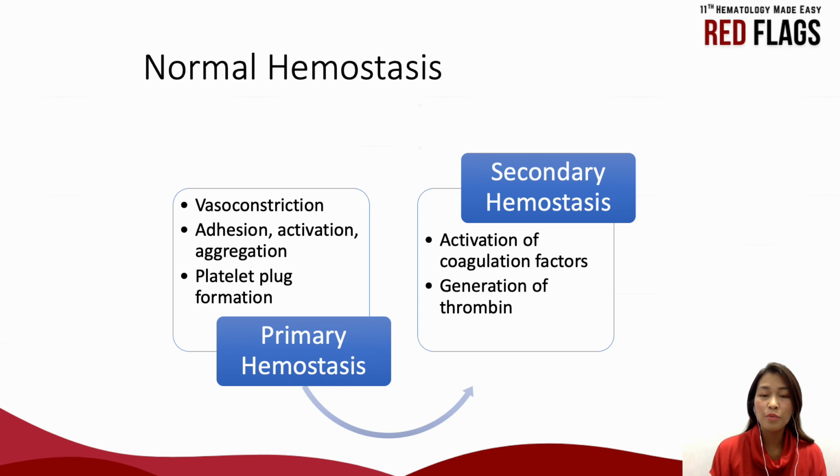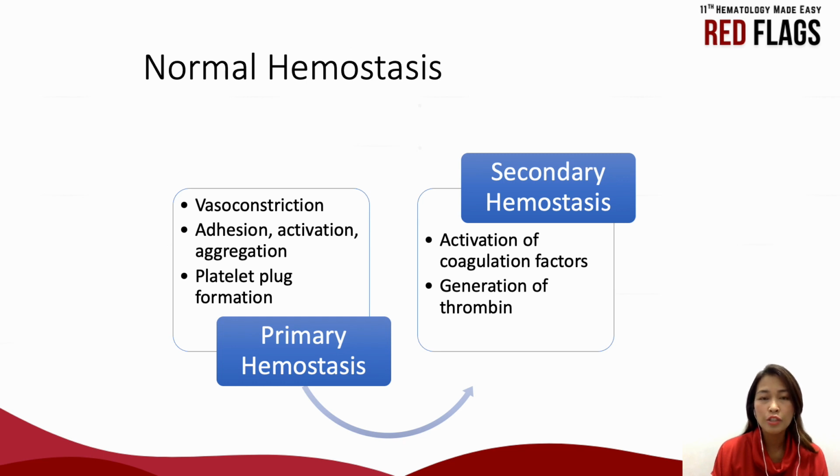Let us first have a brief review of hemostasis. Normal hemostasis is a highly complex process to maintain the integrity of our vascular system. When platelets and clotting factors circulate in an inactive form, blood flows freely through the vascular system.